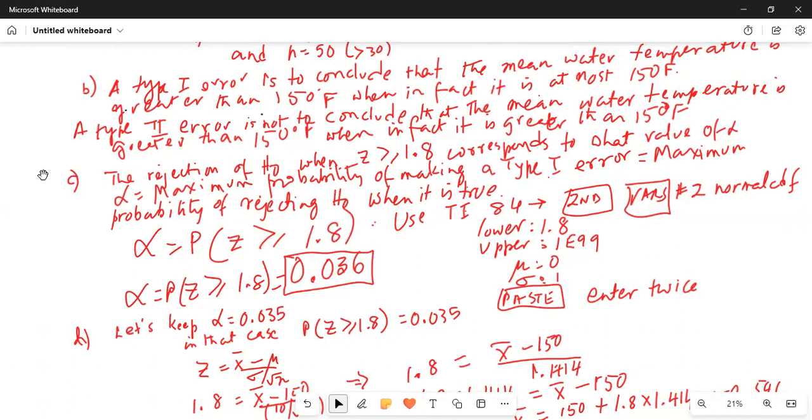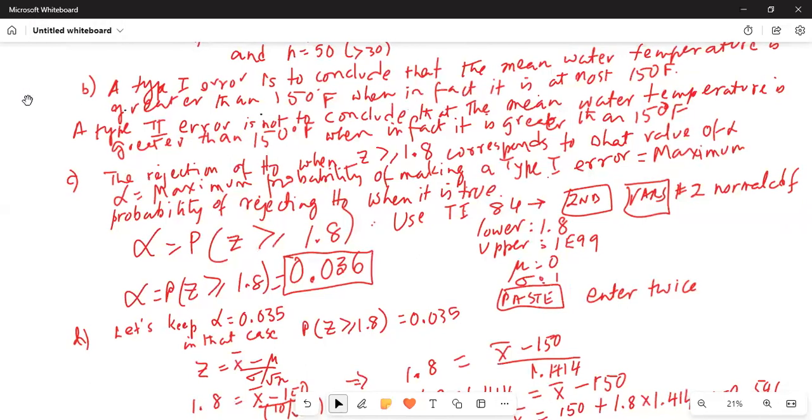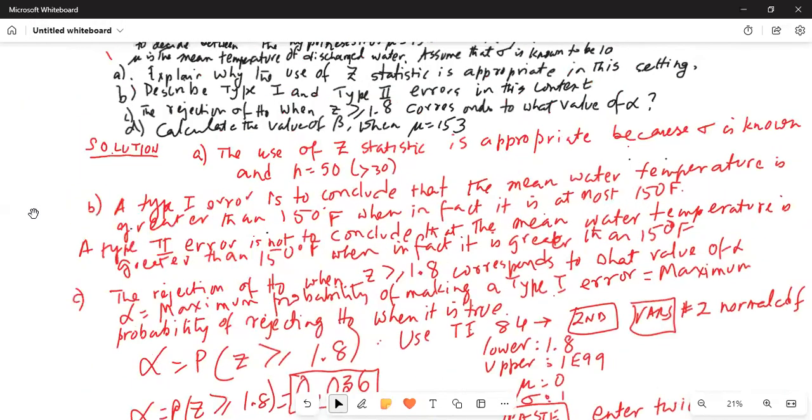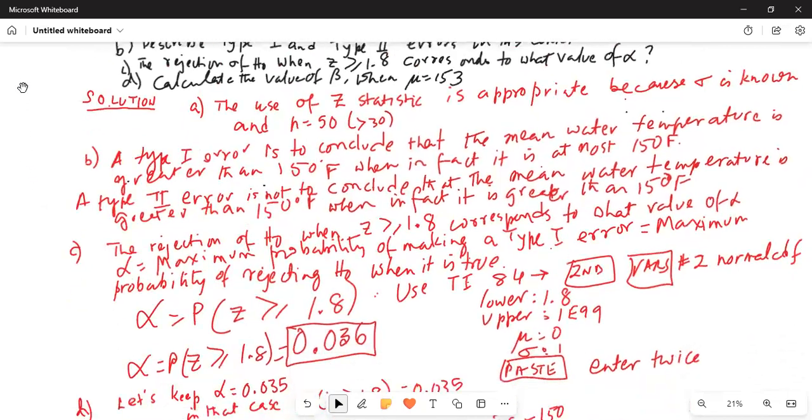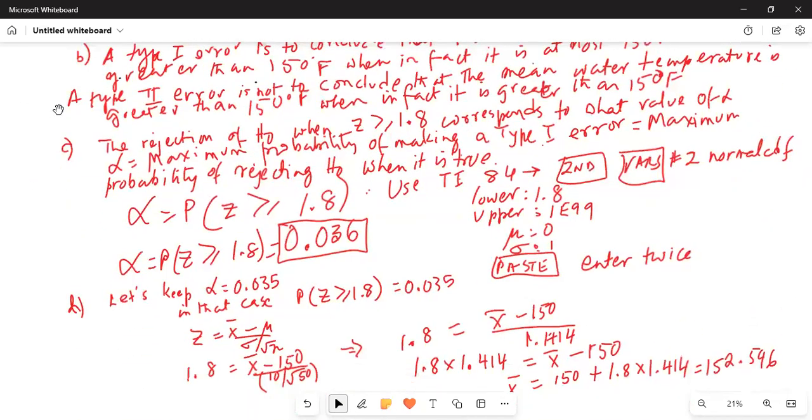So in part D, we are assuming that mu is 153. Okay, if I draw a picture, actually, this will be a good idea to draw a picture at this time. So actually, I should move this a little bit up.